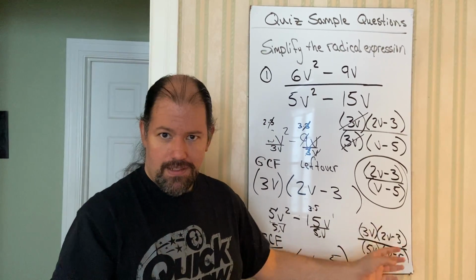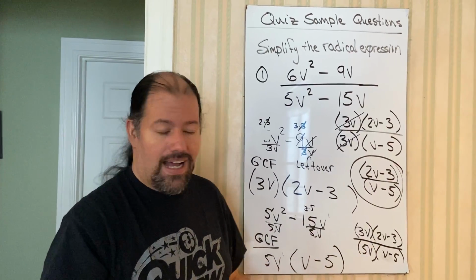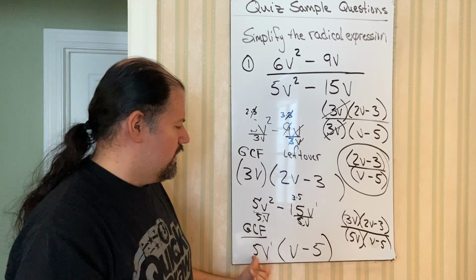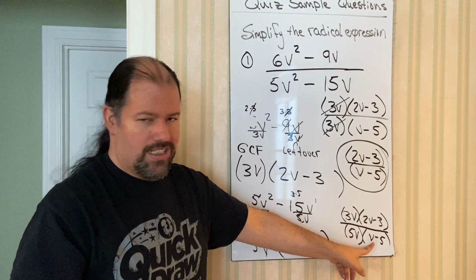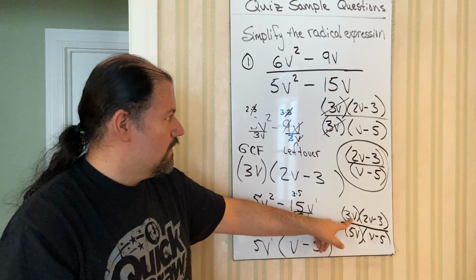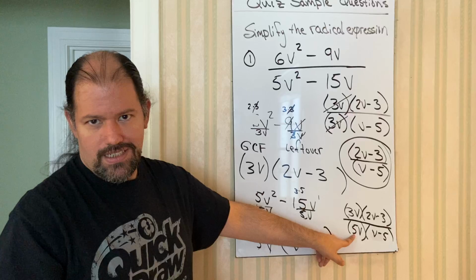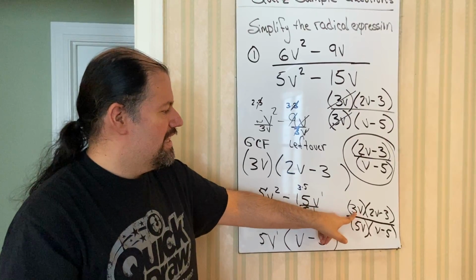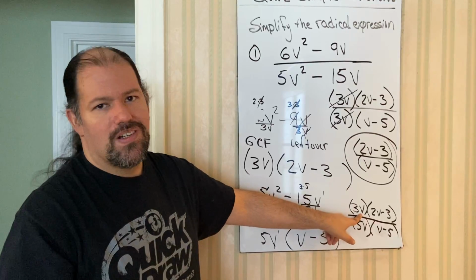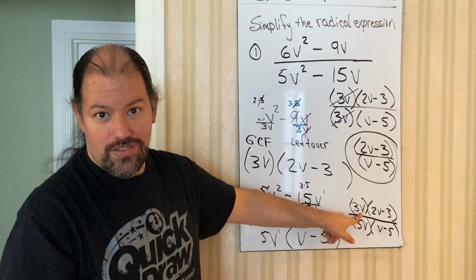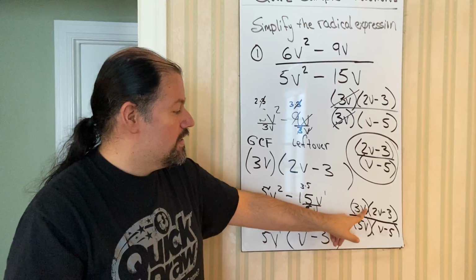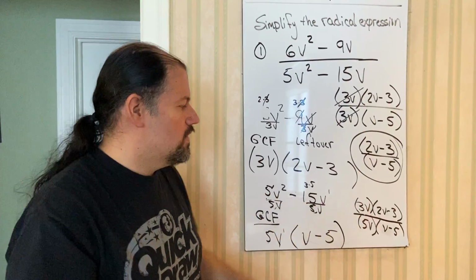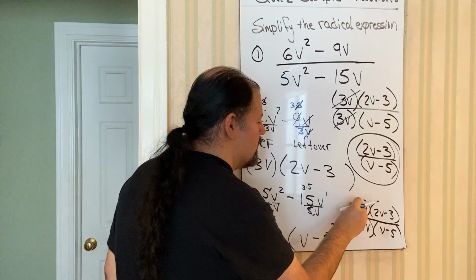Now a lot of people say, wait, I have 2 parentheses that don't match, and then they say, oh, these don't match. But remember, this has no addition or subtraction sign. Because this has no addition or subtraction sign, these don't have to be in parentheses like this.